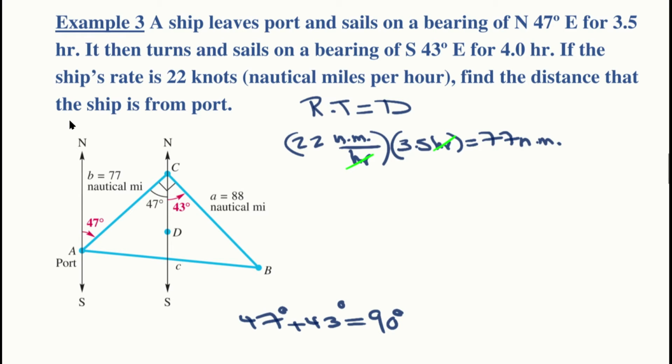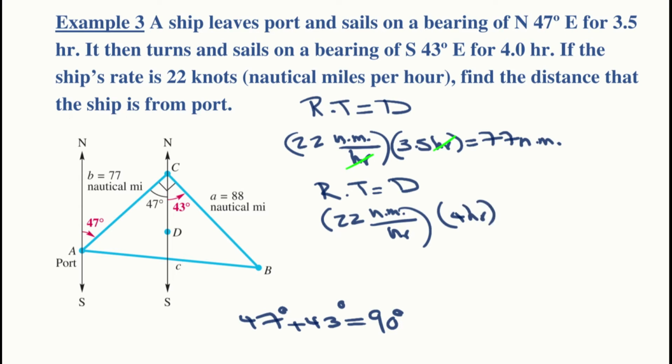So if we set up rate times time equals D again, we're going to use the same rate, 22 nautical miles per hour, but this time for 4 hours. Notice again, your units should always work out. They should make sense. Otherwise, there's something wrong with the formula. So we get 22 times 4, that's 88 nautical miles.